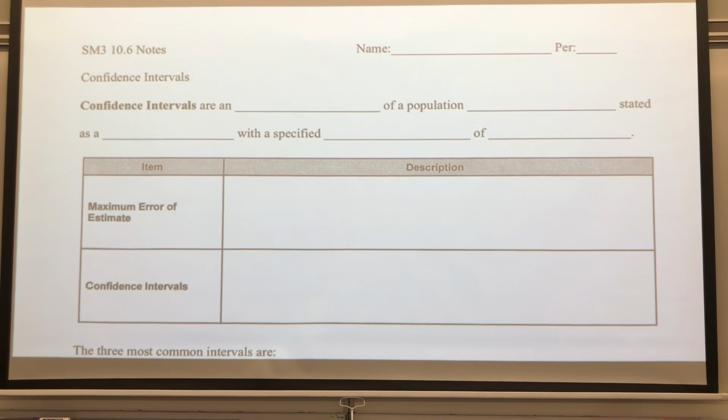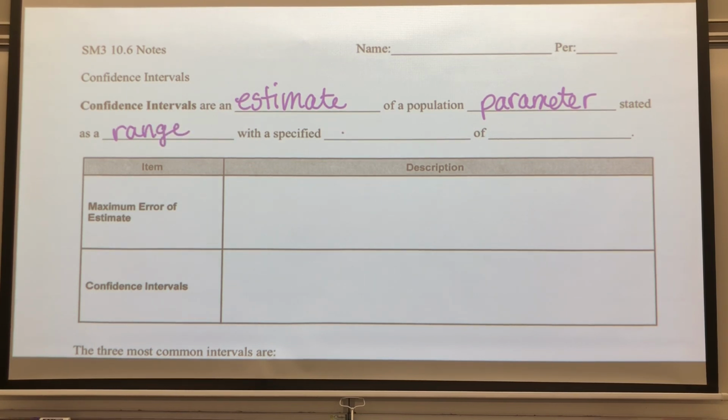So we're going to talk about confidence intervals. Confidence intervals are an estimate of a population parameter stated as a range with a specified degree of certainty.